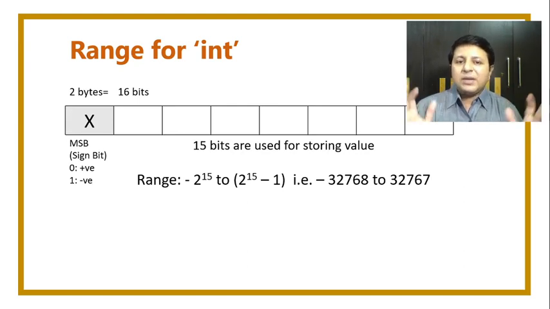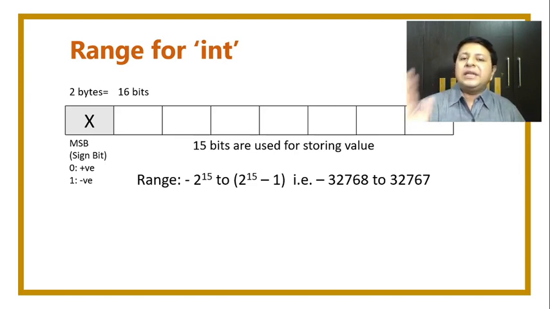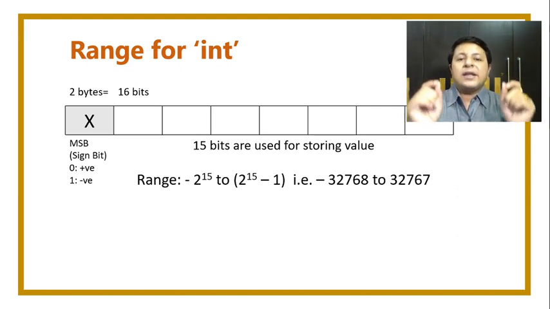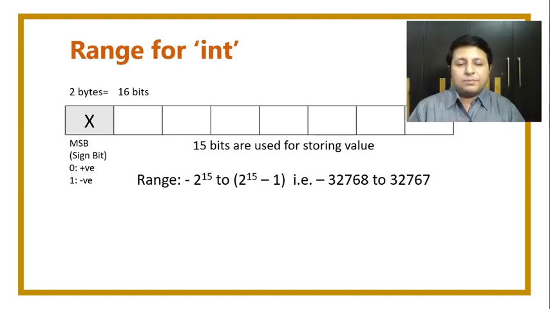So we have 15 bits left for storing the value, which gives the range as -2 raised to 15 to 2 raised to 15 minus 1, which is typically said to be -32768 to 32767. That's how we can determine the range of int data type. So whenever you see a range like -32768 to 32767, now you would be able to understand how that range for the particular data type has come.